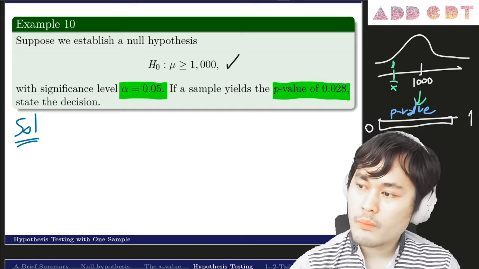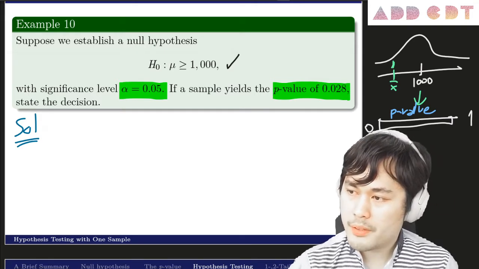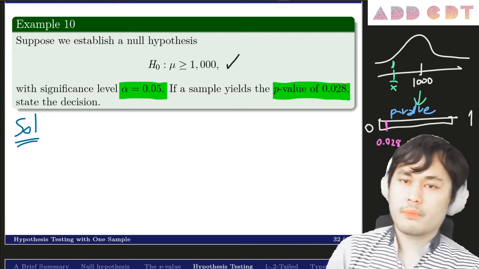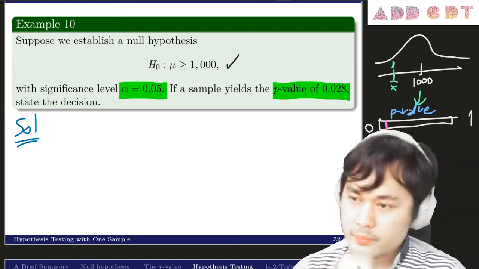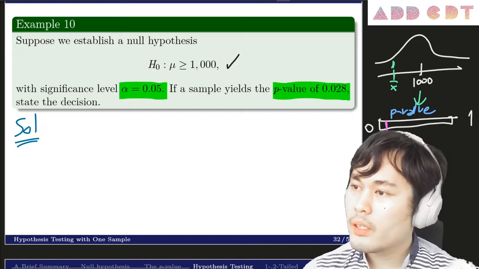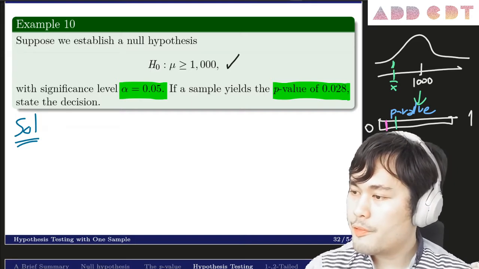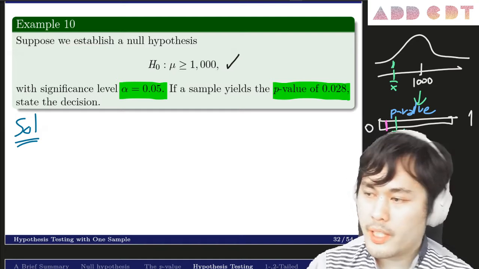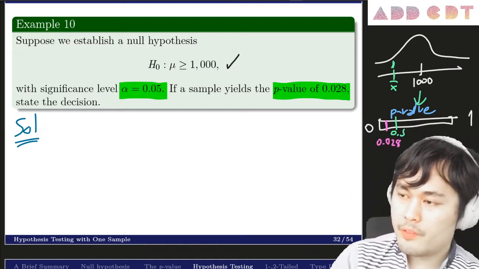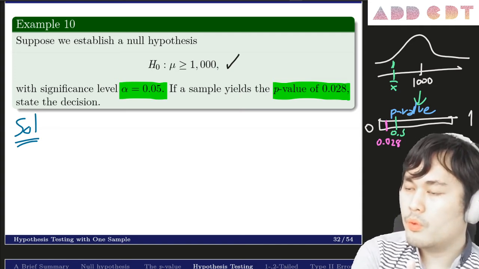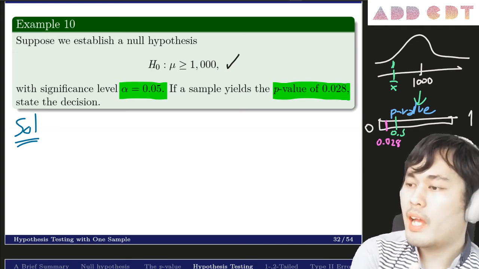So let's say in this case the p-value is given to be about 0.028. But then our significance level, our alpha, is 0.05 here. So you put a gate here, and we say if the number is greater than 0.05, we will not reject the null hypothesis.